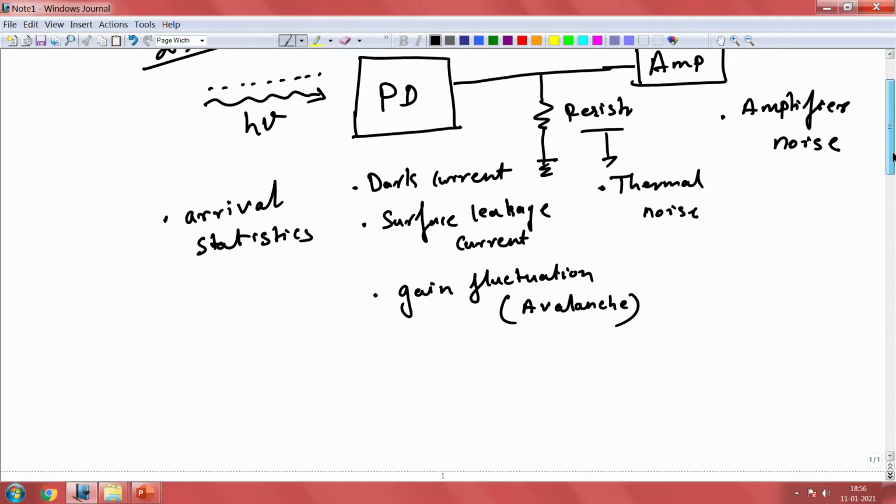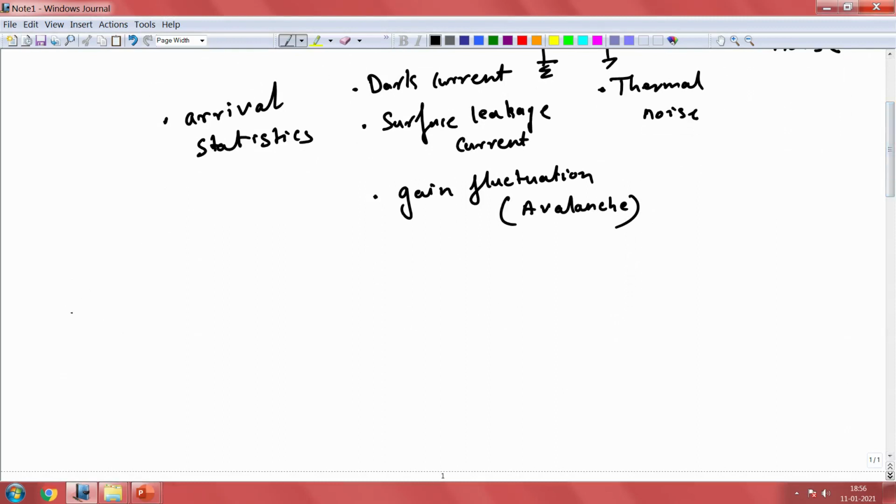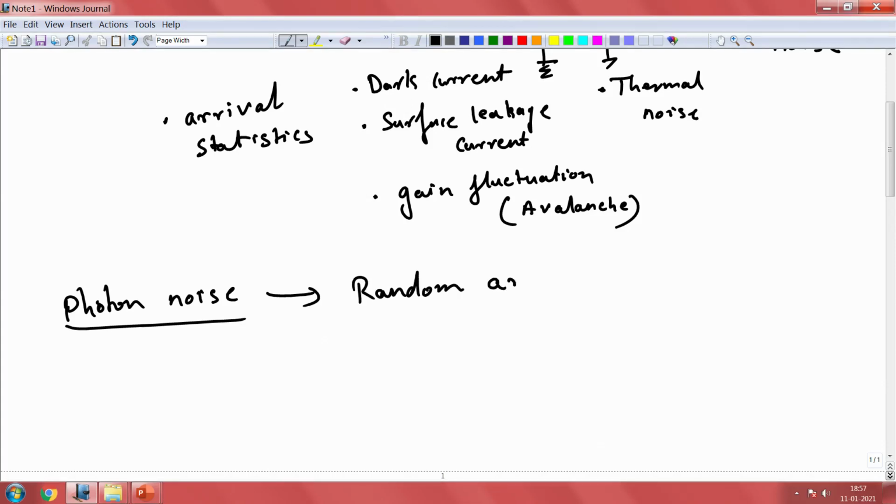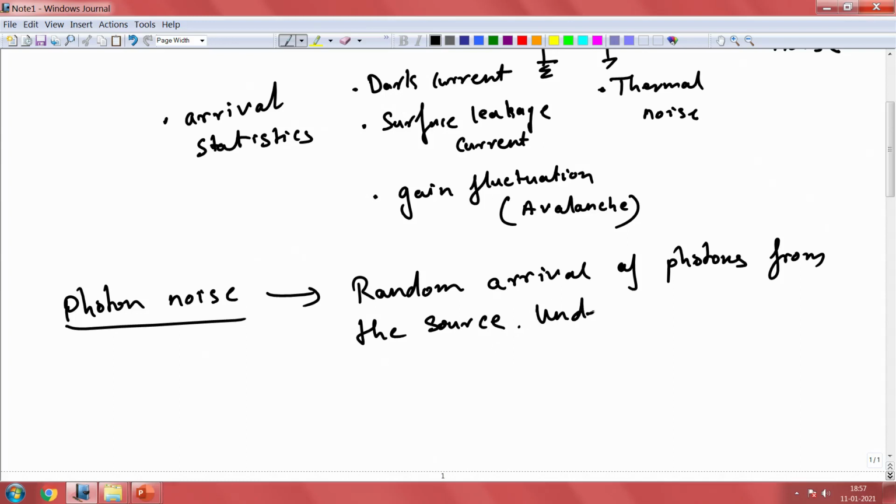Let us start with photon noise, or the arrival statistics. Photon noise is fundamental; it is the most fundamental noise that you have. You will have a random arrival of photons from the source, and this can be understood by Poisson statistics.